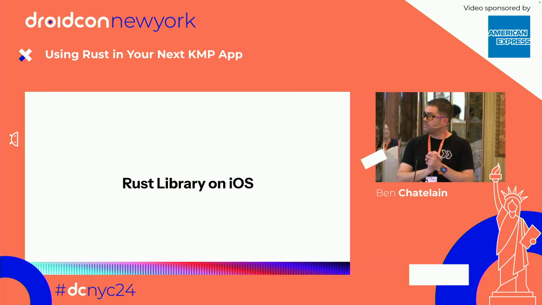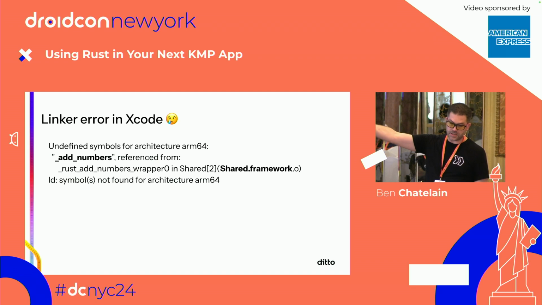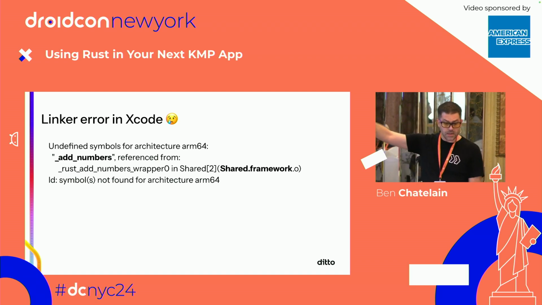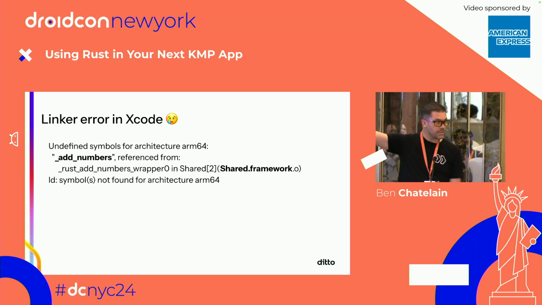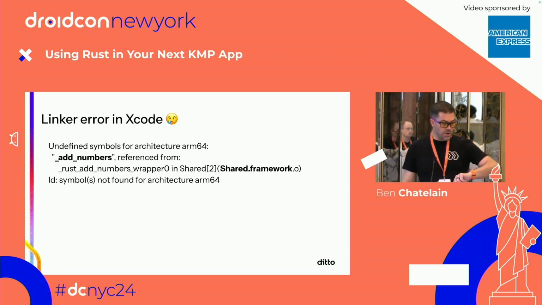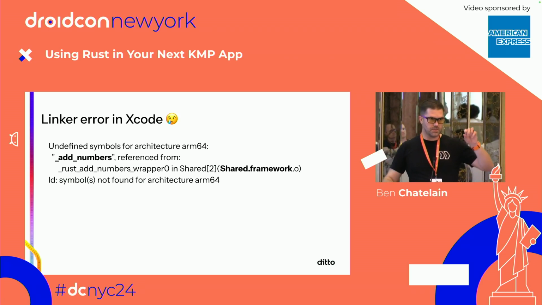Okay, so now let's take a look on iOS and see how this works. Well, first up, you just hit build, and it can't find something. So take a look here. This is a linker error. So this is LD at the bottom, symbols not found for architecture ARM64. And note that when you see something like this, there's two possible reasons.